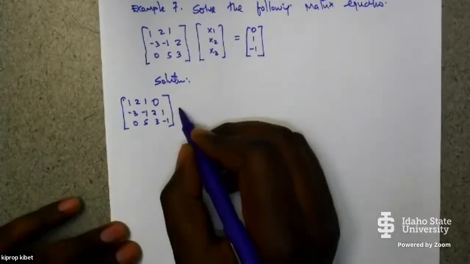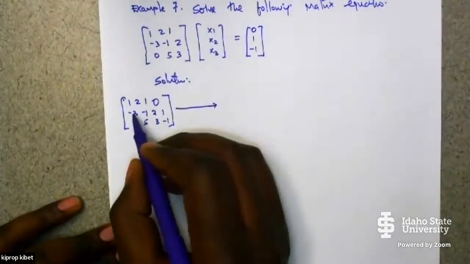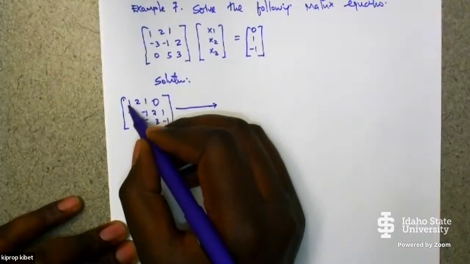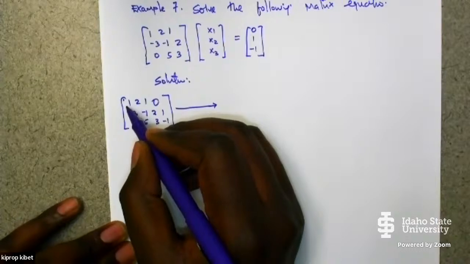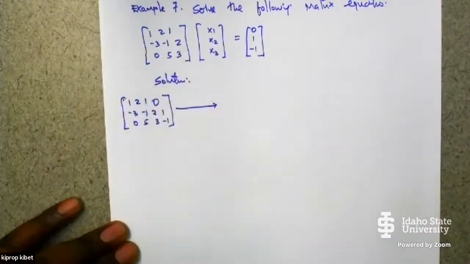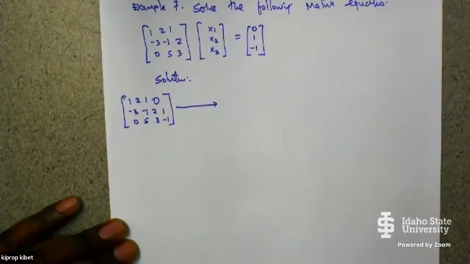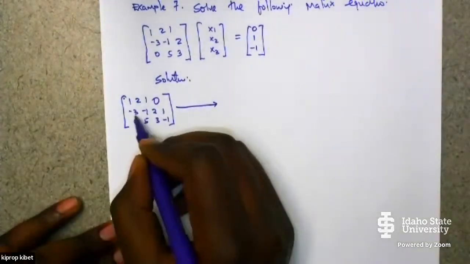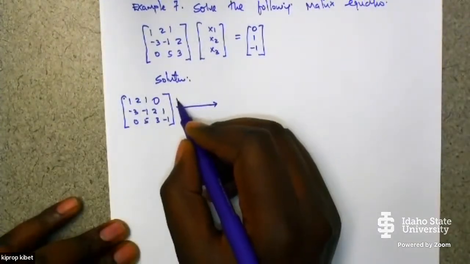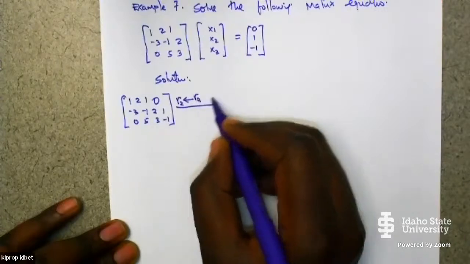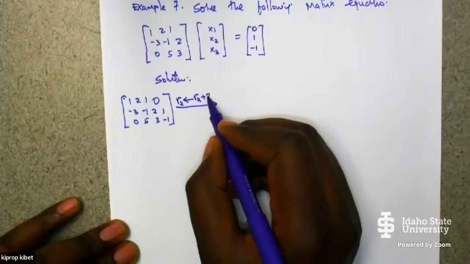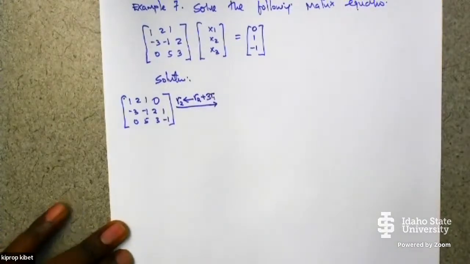So let's start by reducing. Make sure the first entry here is not 0. If it is 0, then you switch the rows. But here it is not 0. So our new R2 will be R2 plus 3 R1.